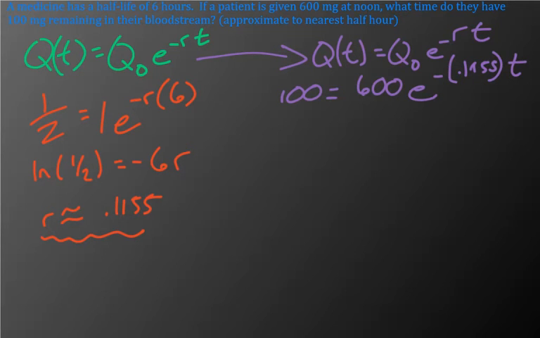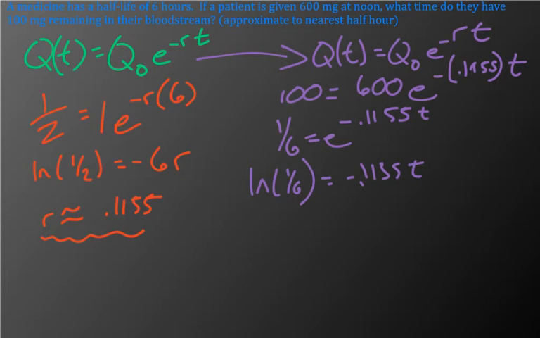I want to know at what time they have 100 milligrams remaining in their bloodstream. So divide by 600, right? And you would get 1/6 equals e to the negative 0.1155t. Take the natural log of both sides, and then negative 0.1155t. And then you divide by that rate.